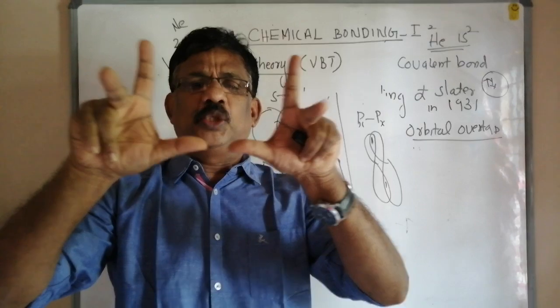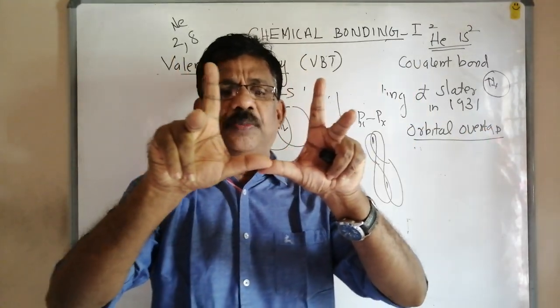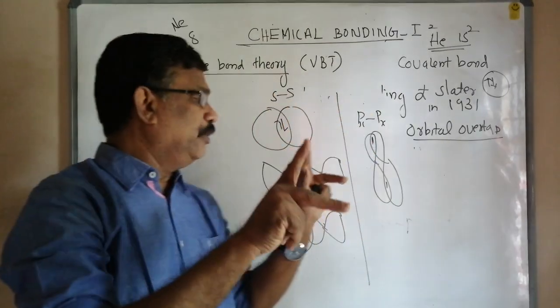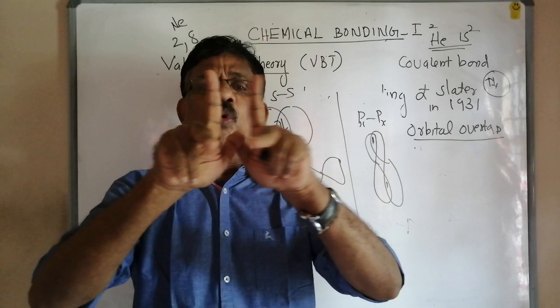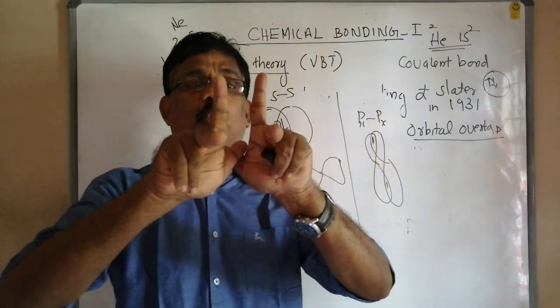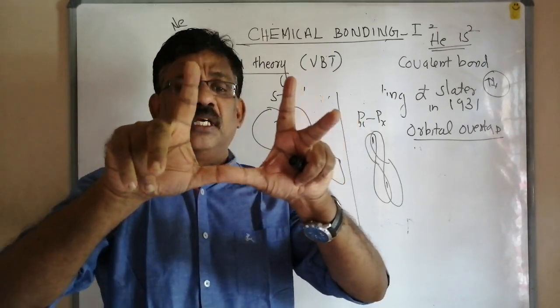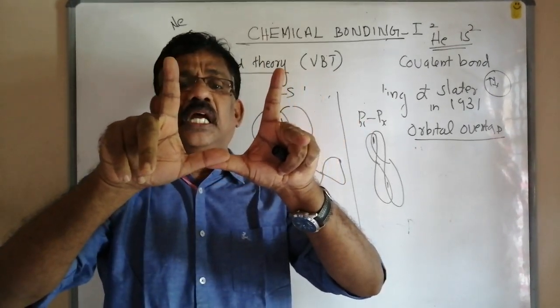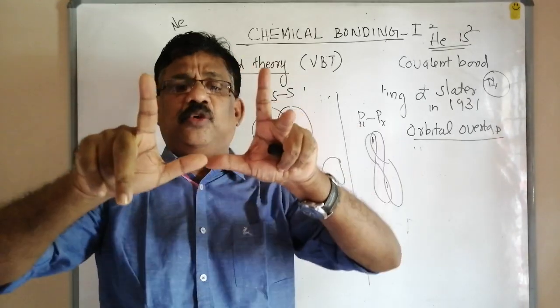When two atoms approach each other, 2pz and 2pz overlap in a head-to-head manner like this. The remaining two atomic orbitals can overlap only in a parallel manner. Px or py can overlap only in a parallel manner, because these two orbitals have overlapped head-to-head. Then these two orbitals cannot overlap without breaking this orbital.